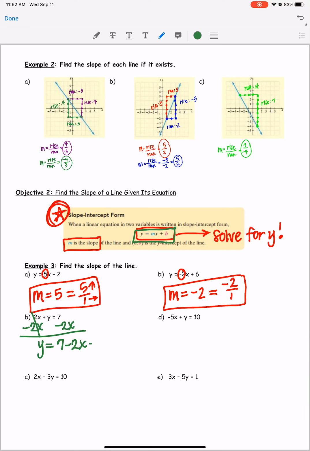So this is actually going to become y equals, you've got a -2, so keep that negative with it, -2x, and then your 7 is positive, so plus 7. These are exactly the same thing, but this is in slope-intercept form since it's mx plus b and you have your x term first.